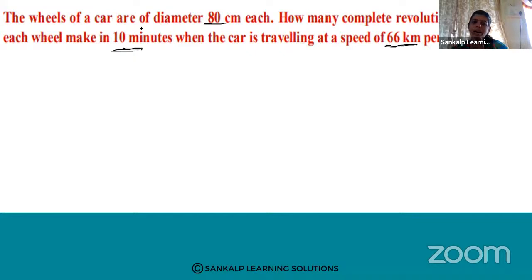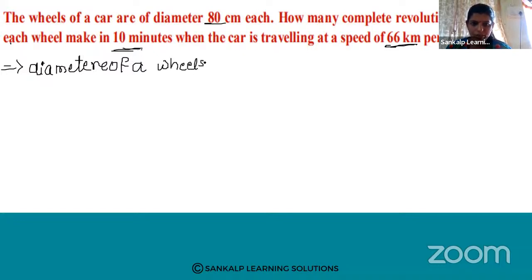The wheels of a car are of diameter 80 centimeters. So diameter they have given. The diameter of the wheels of a car is 80 centimeters.